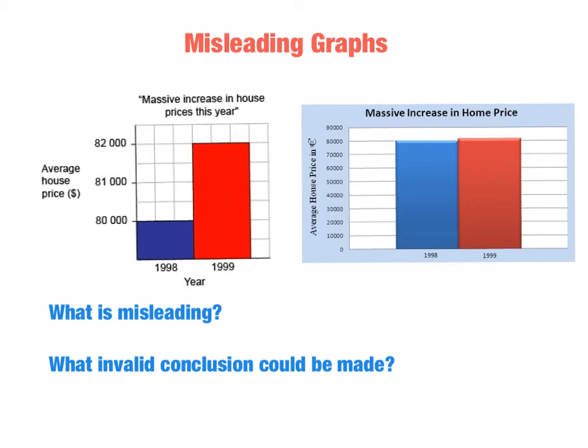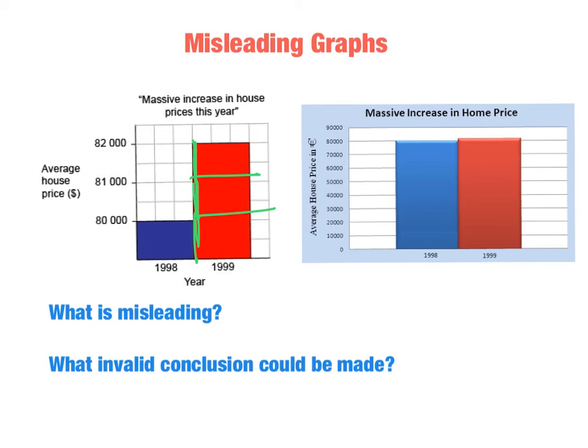So if you look at this graph right here, it looks like in 1999, the home price was 3 times as high in 1999 as it was in 1998. Now, if you were selling your home, you would assume that you should get your house on the market and sell it because you're going to make lots and lots of money.